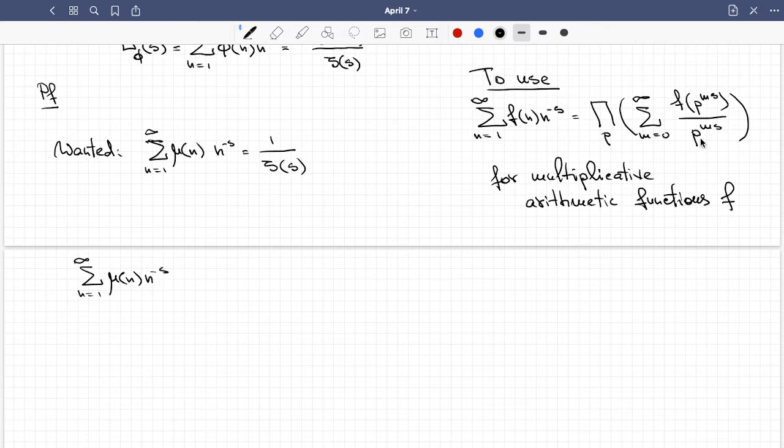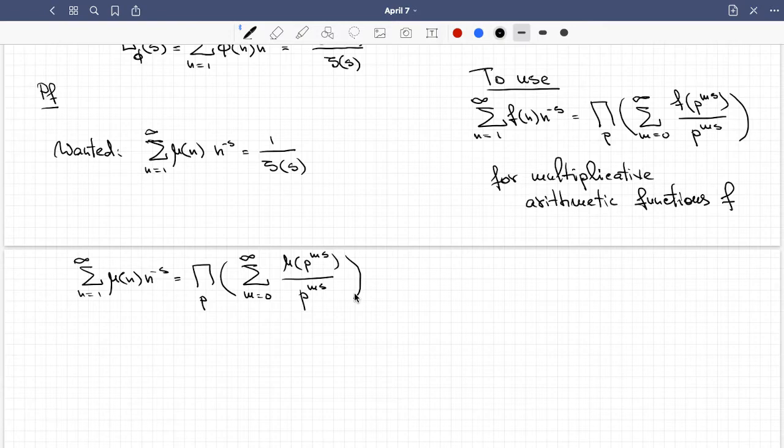According to this Euler product decomposition for multiplicative functions, since mu is multiplicative, we can write that this is the product over all primes of the sum from 0 to infinity of mu of p to the m divided by p to the power ms.